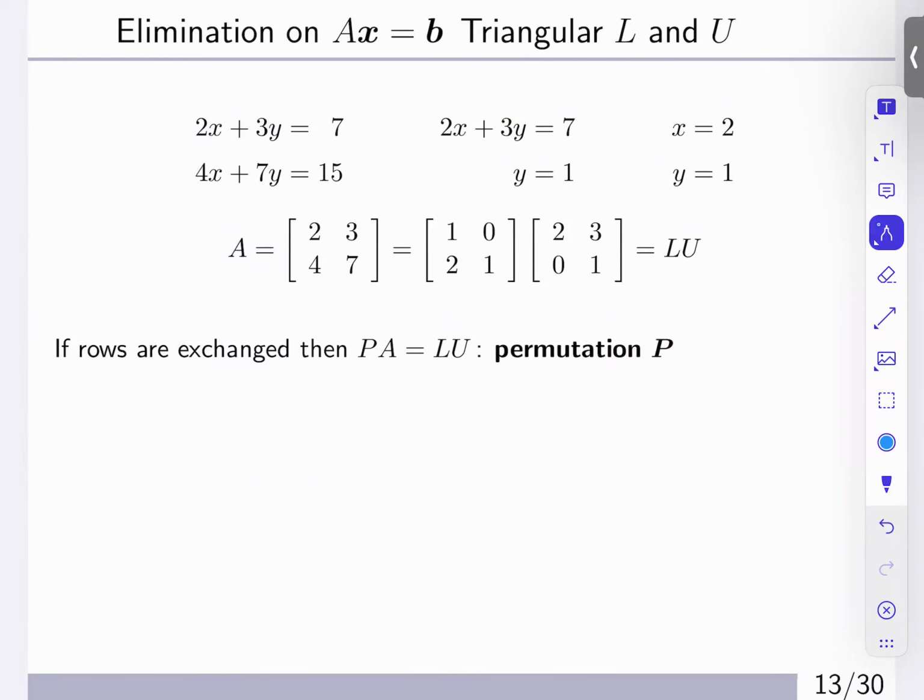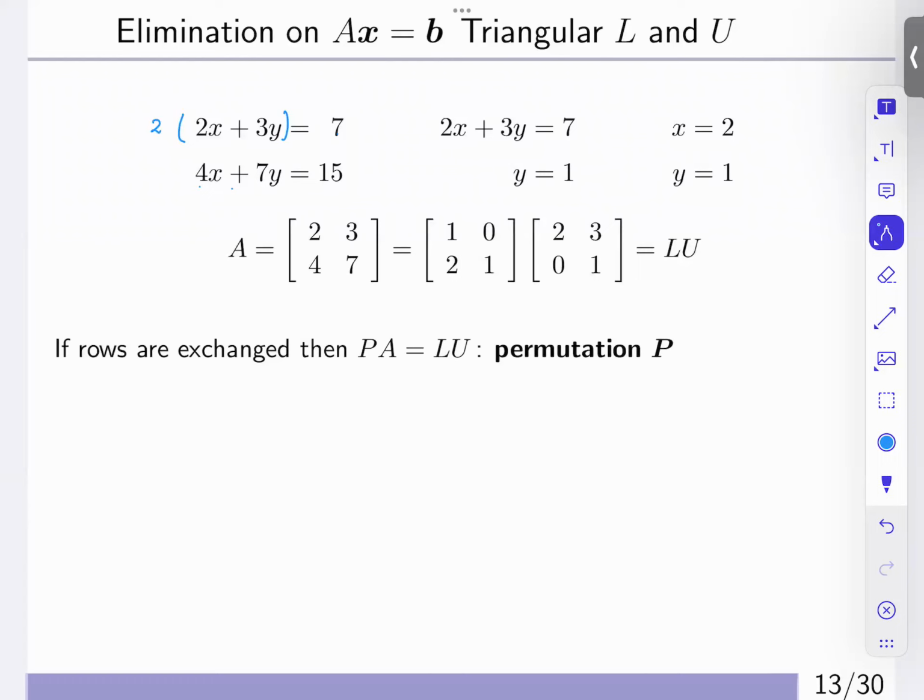Now, I want to give you a simple exercise, wherein you have 2x plus 3y is equal to 7, 4x plus 7y is equal to 15. What you can do is multiply equation 1 by 2 and then subtract it from the second equation.